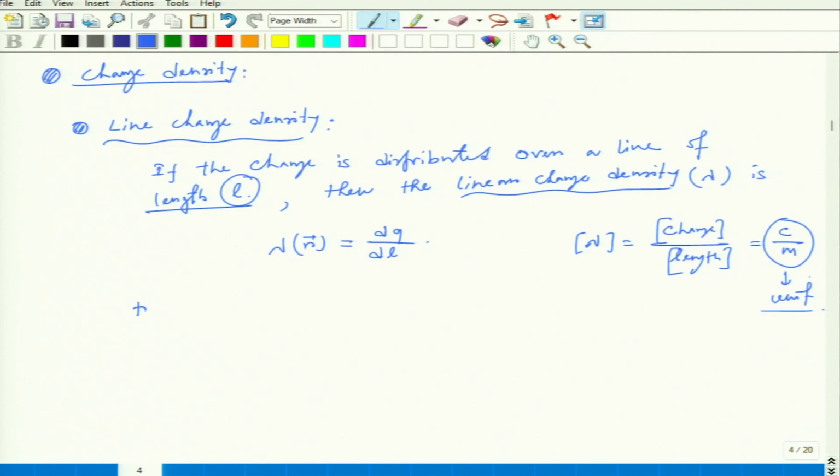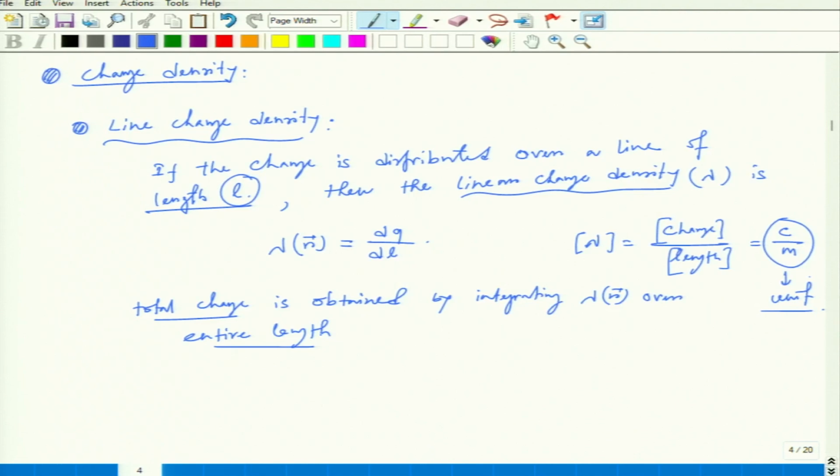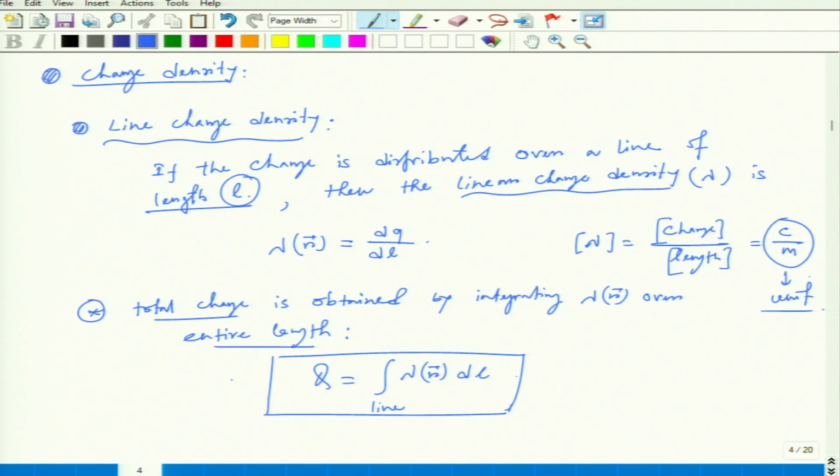The total charge is obtained by integrating lambda over the entire length, and I get q equals the integral over the line of lambda as a function of r times dl. This is the total charge q.